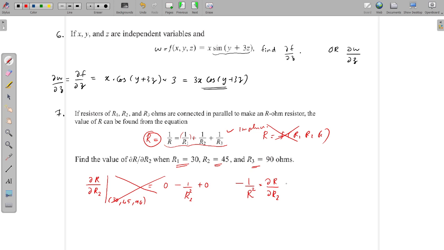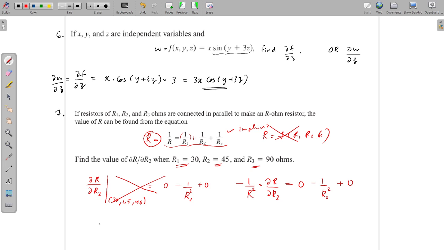Now you get that this is 0, and the next will be minus 1 by R2 squared times the partial derivative of R2 with respect to R2, that is equal to 1. The last term will be 0.